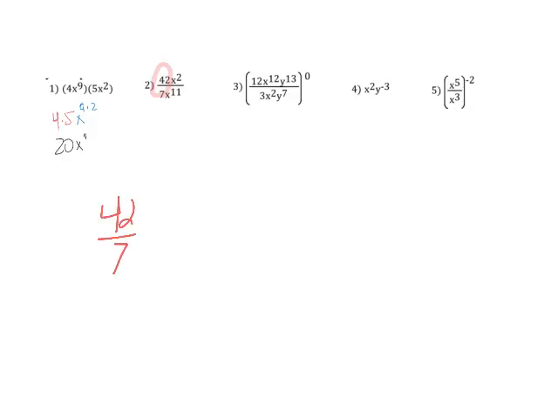And then your variables, you're going to have x to the 2 minus 11. So ultimately, your number is 42 divided by 7 is 6, x to the negative 9th. You are not allowed to have negative exponents, so you actually have to rewrite it as 6 over x to the 9th. And you leave it like that.